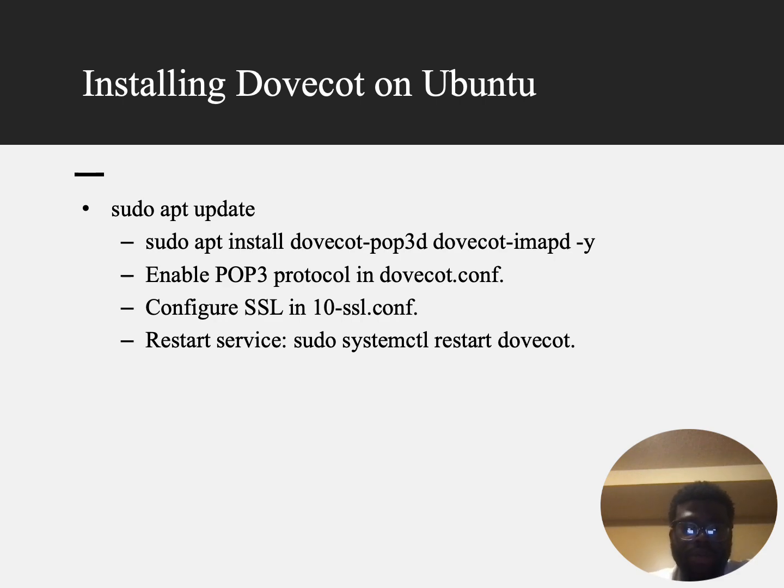Then you enable the POP3 protocol in dovecot.conf, and you configure the SSL in 10-ssl.conf. Then you restart the service using sudo systemctl restart dovecot. These are the commands for installing Dovecot on Ubuntu.